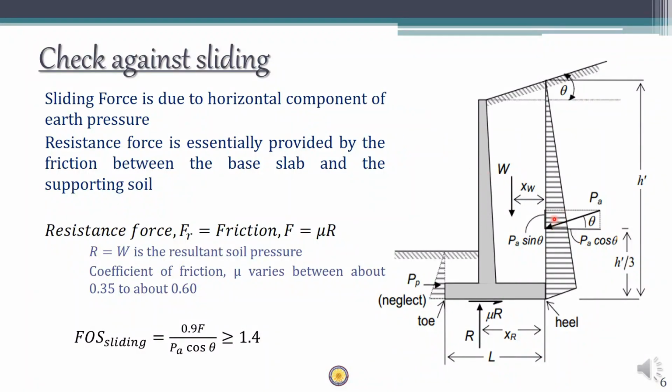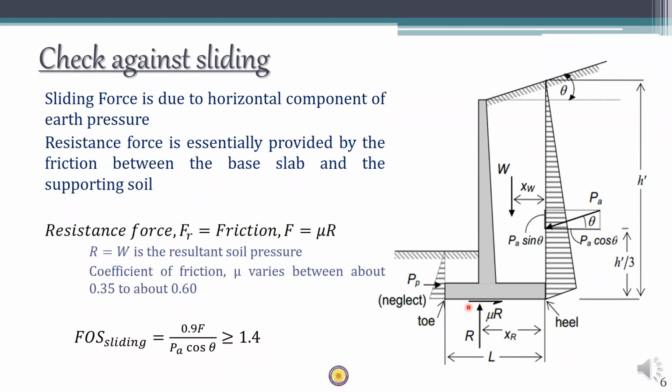Here also the same previous example is taken. PA cos theta is acting horizontally, so the sliding is majorly contributed by this force, which causes the cantilever to move towards the left side. This has to be resisted by the frictional force, which mainly arises due to the normal reaction.